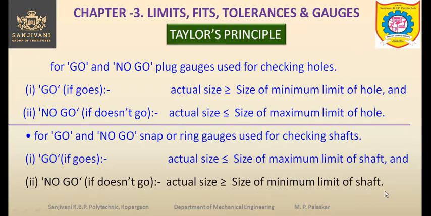So when go is entering and no go is not entering, the actual size lies between the maximum limit and the minimum limit.